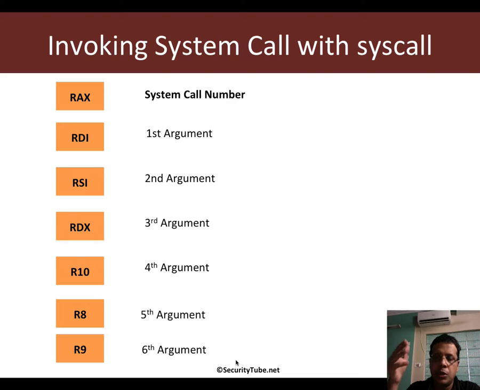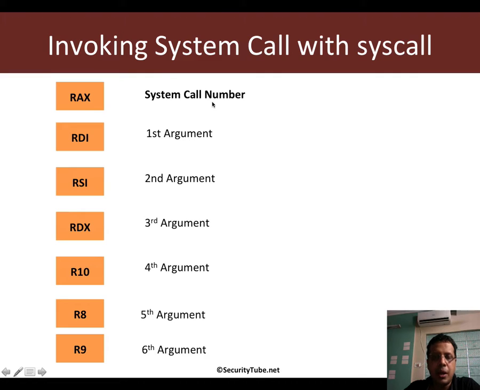The way you do that is by using registers and loading them with the appropriate arguments based on a convention well understood by both you and the operating system. Here is the simple way by which you can invoke a syscall.